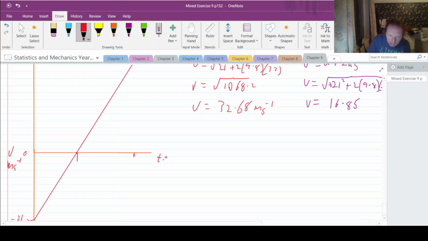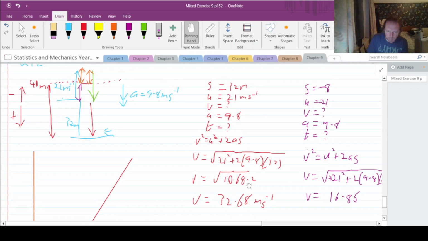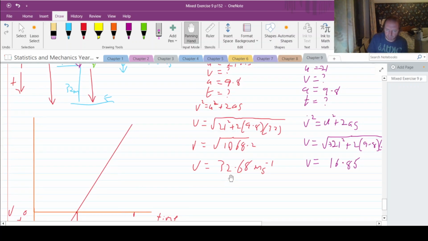This is time, by the way, in seconds. So what do we know so far? We know the final velocity of 32.68. So this one up here is 32.68.